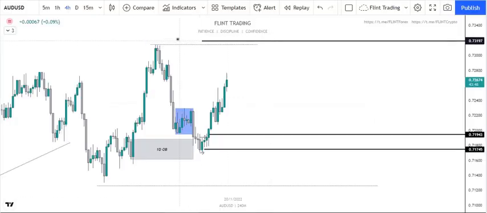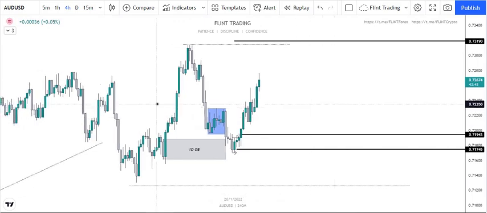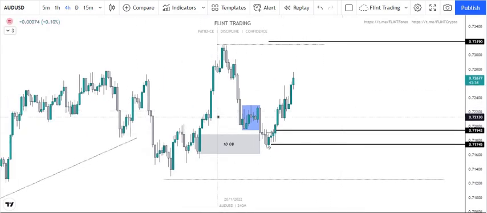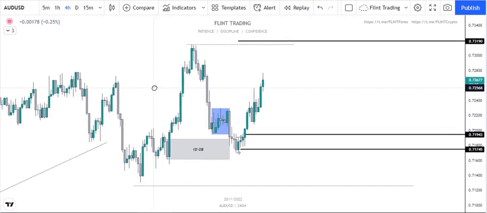I closed half the portion, maybe 66% of the total trade, and I have another position running, which is the remaining 33%, and I'm aiming for this high right here. So yeah, that's how I entered this trade, based on that momentum plus AMD pattern. So yeah, I hope it helps, and yeah, thank you.